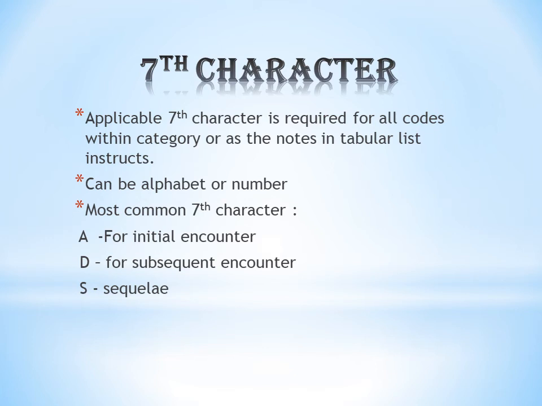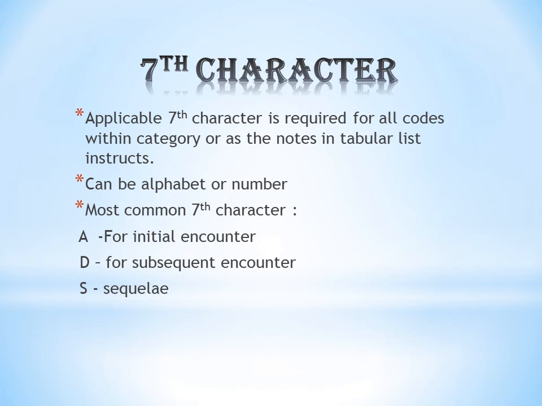So what are the most common seventh characters? There are different seventh characters, but the most commonly used are A, D, and S. Here A stands for initial encounter. Initial encounter means the patient comes to the doctor for a particular diagnosis or disease condition for the first time.